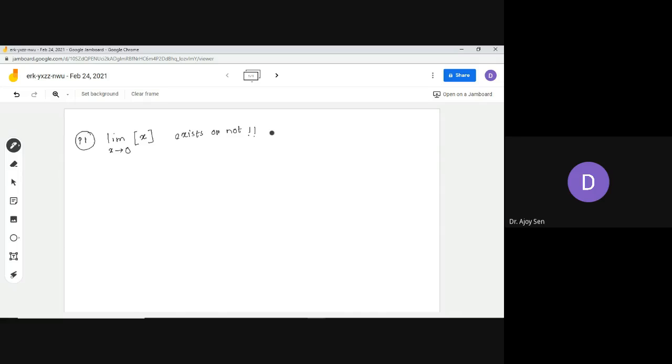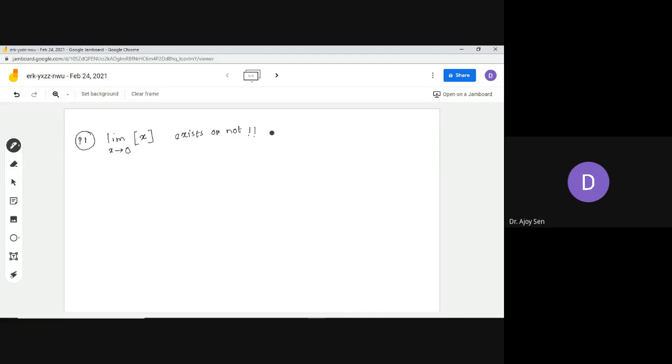I am giving you 4 or 5 minutes. In between, take your pen and paper and try this problem. This is nothing but limit x tends to 0 of box of x.